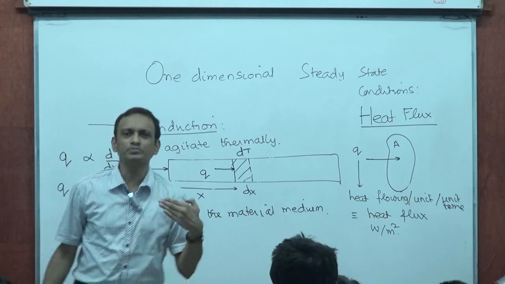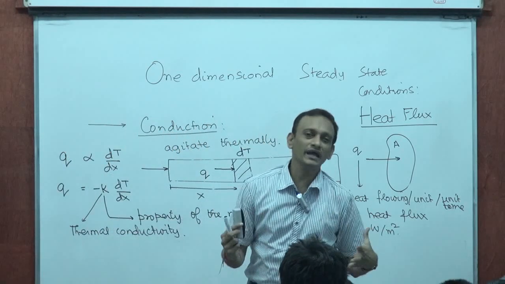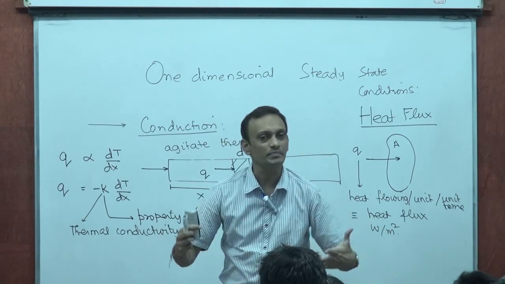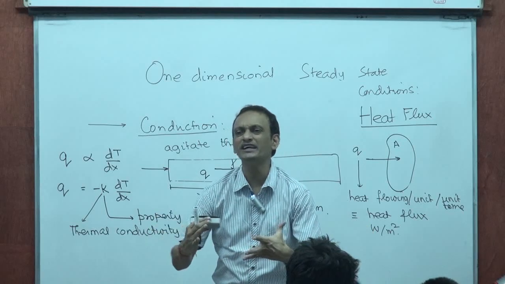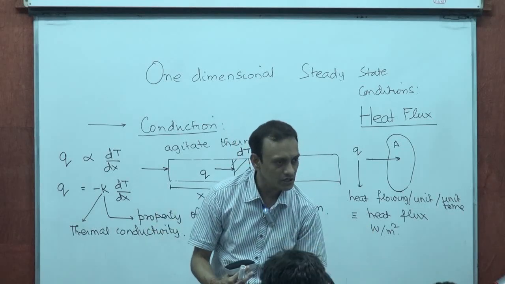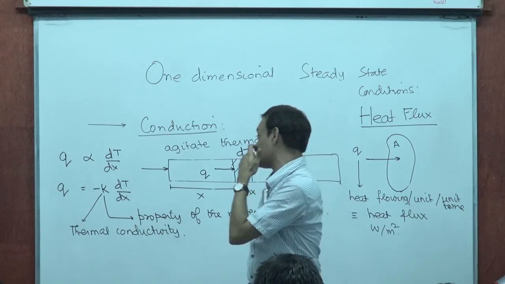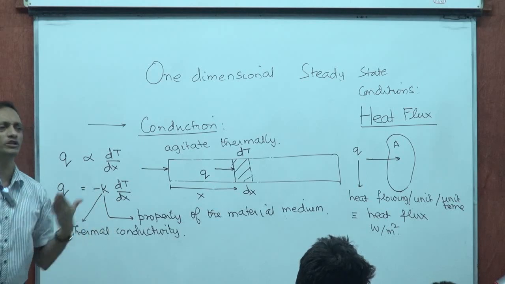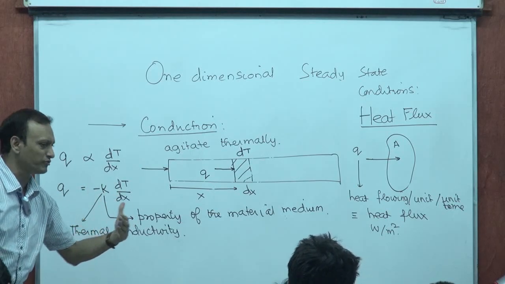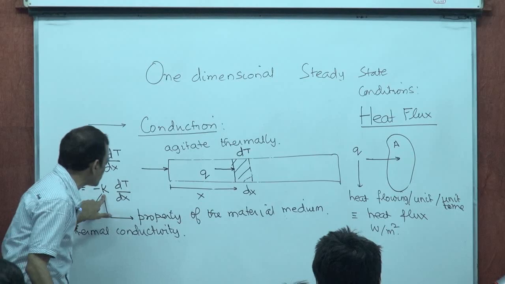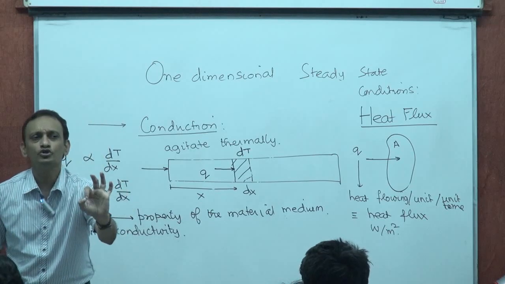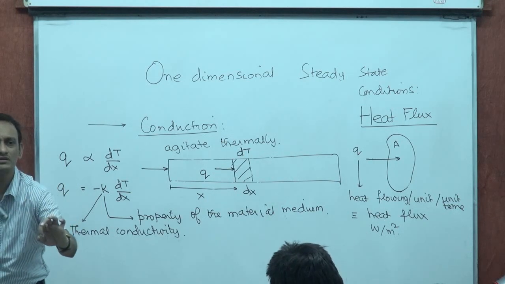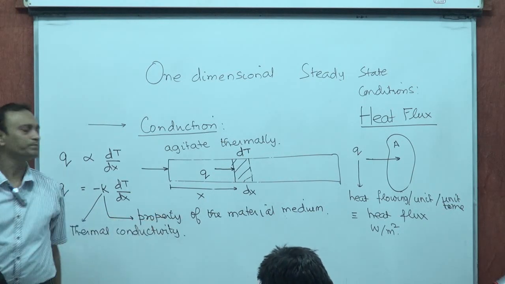So for all practical purposes, for regular applications, we take k to be temperature independent, almost a constant, independent of conditions like temperature, pressure, etc. Almost all the time, we would take k to be a constant: temperature independent, time independent, space independent.